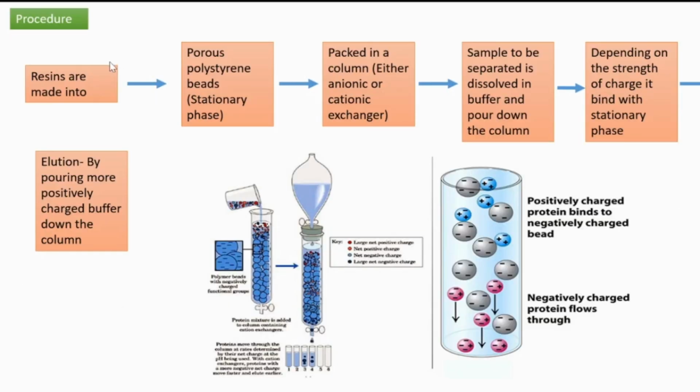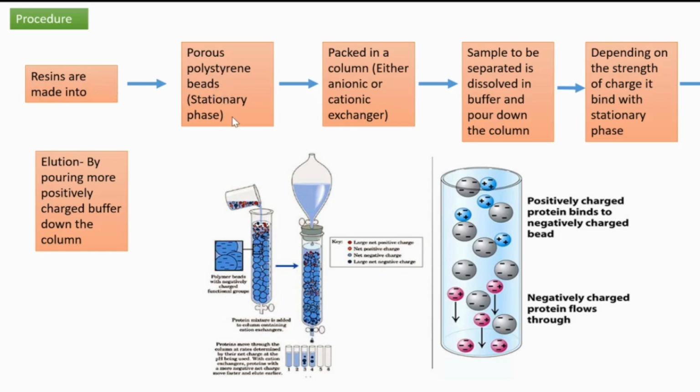The procedure: we create these resins in the form of beads, polystyrene beads. We prepare polystyrene beads out of these resins first, and these polystyrene beads are filled in a column.